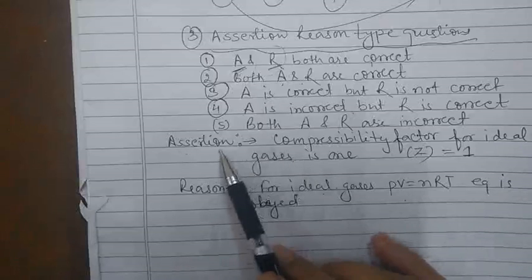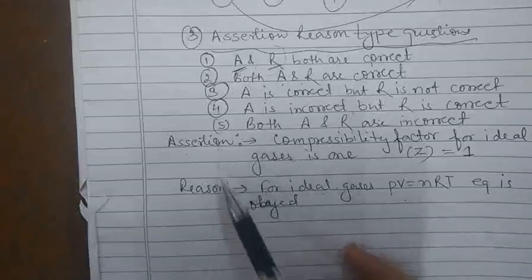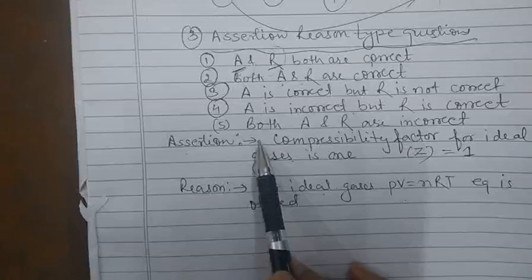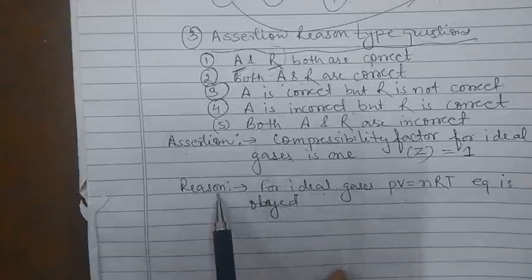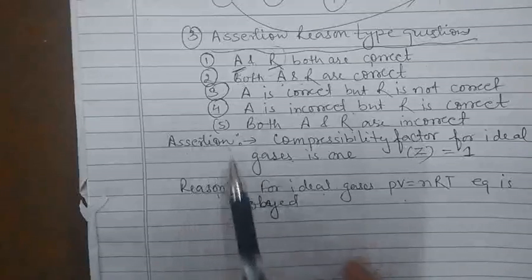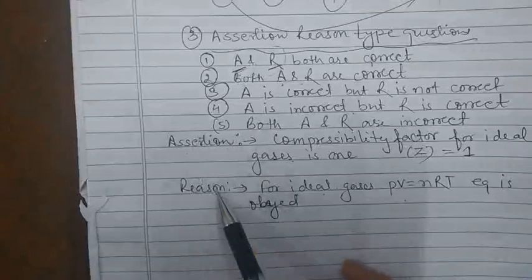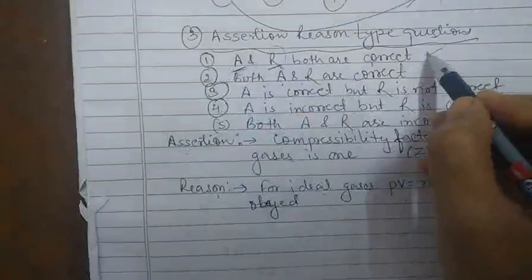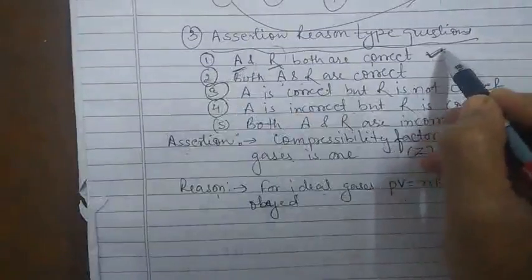So now here both are correct. Assertion is correct as well as the reason is correct. So now here you have to choose this one as the answer.